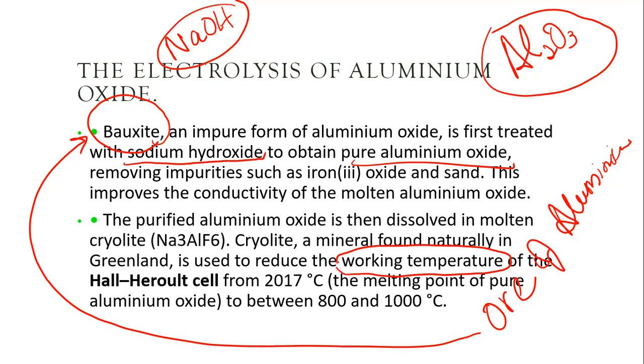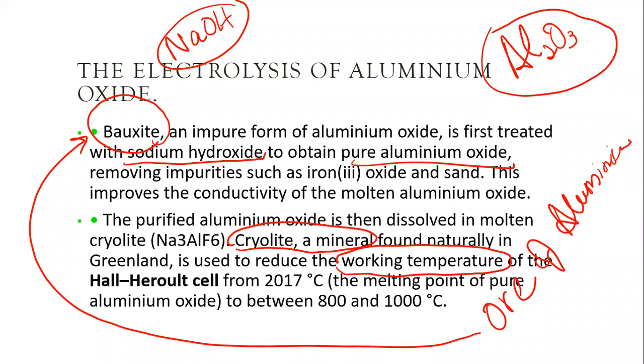But the temperature you have to give is so high that you're like, this is so expensive. I have to burn so much fuel. It's getting so costly for me. How am I supposed to do this? So what did the scientists do? They found a mineral. The name of the mineral is cryolite.